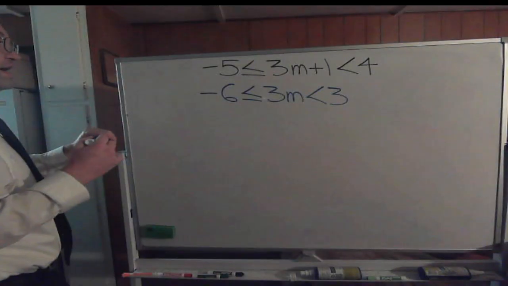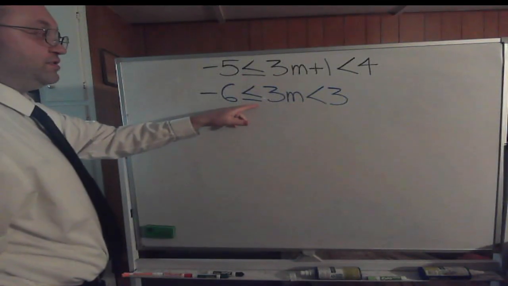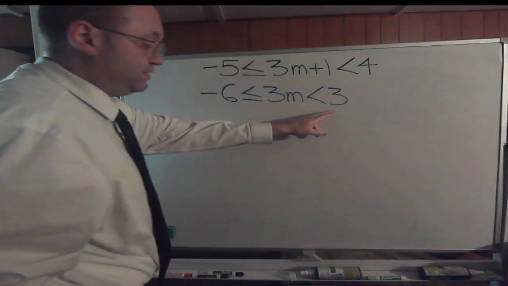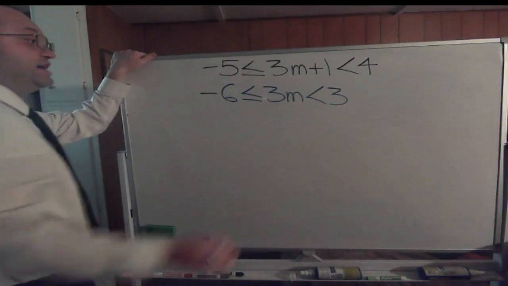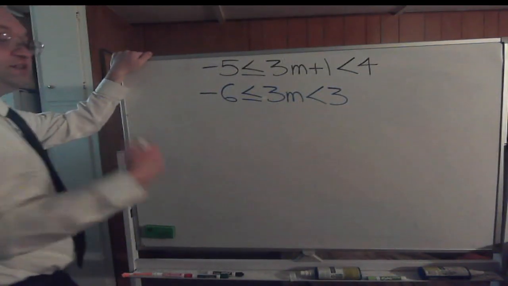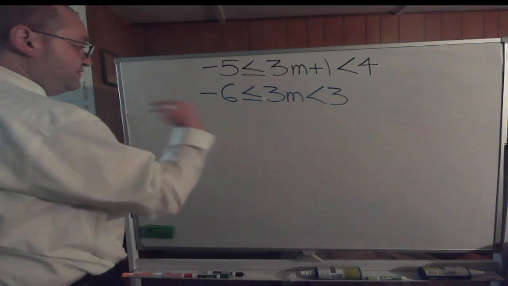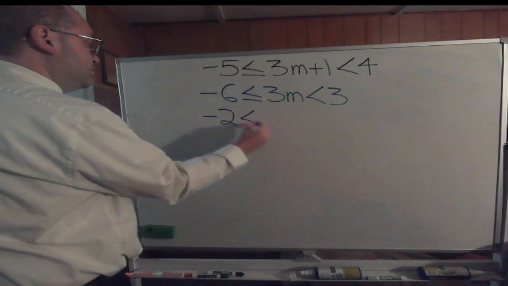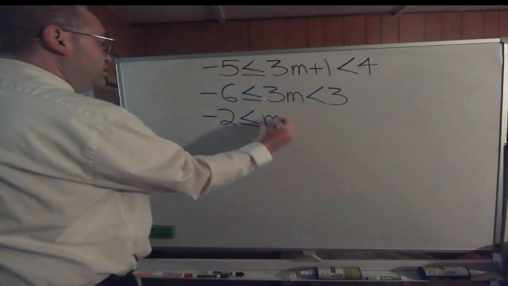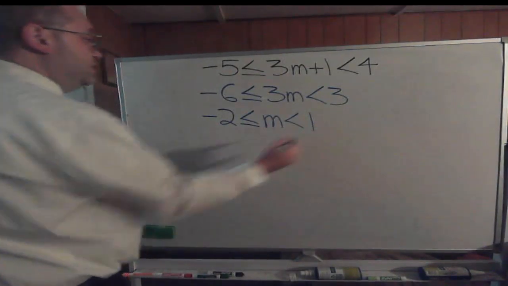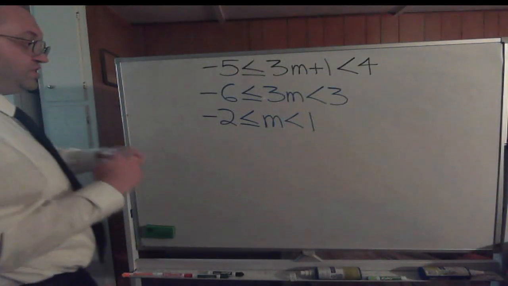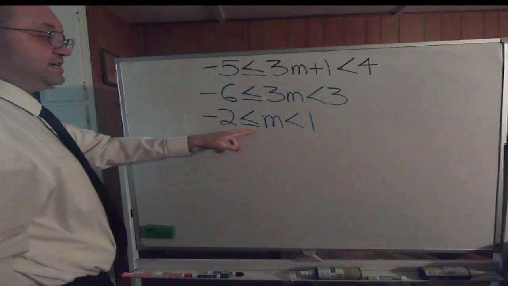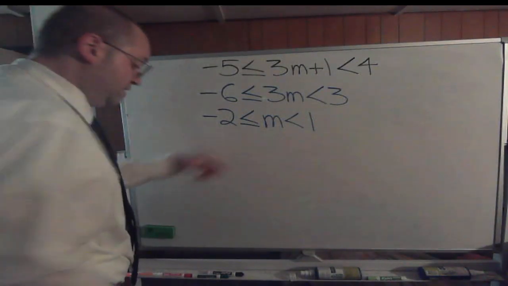Now I want to get m, so I need to divide everything by 3. I divide negative 6 by 3, I'll get negative 2, which will be less than or equal to m, which will be just less than 1. So the solution to this is negative 2 is less than or equal to m, which is less than 1.